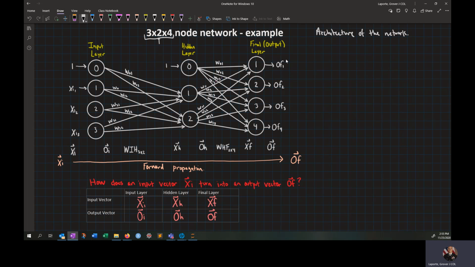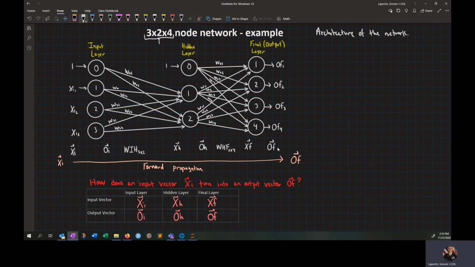Anyway, bottom line is, we're going to call this the final layer, and it doesn't need a bias because you're not feeding another layer. So this will just have nodes 1, 2, 3, and 4, and whatever comes out of here would be O F 1, 2, 3, and 4. So this last vector will be a 4 by 1 column vector of outputs.